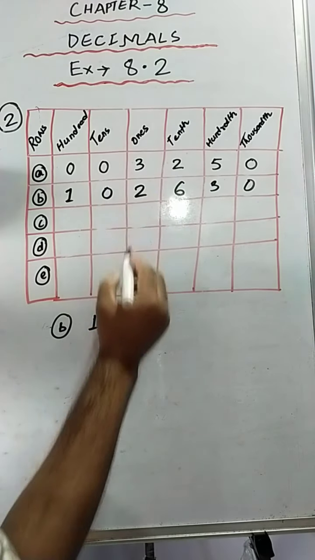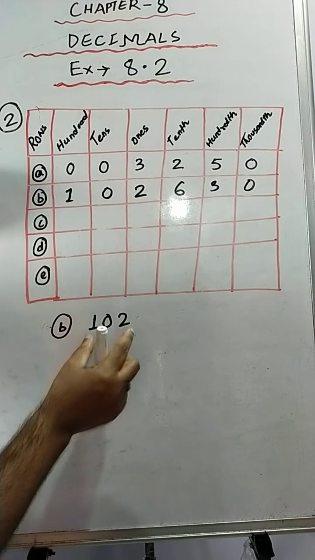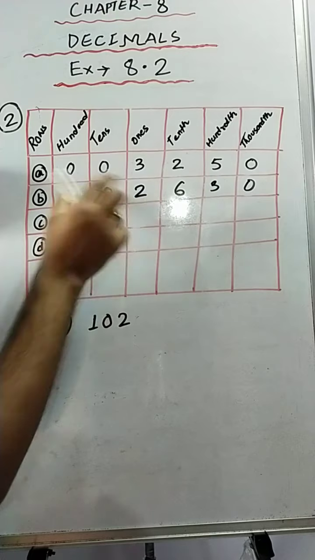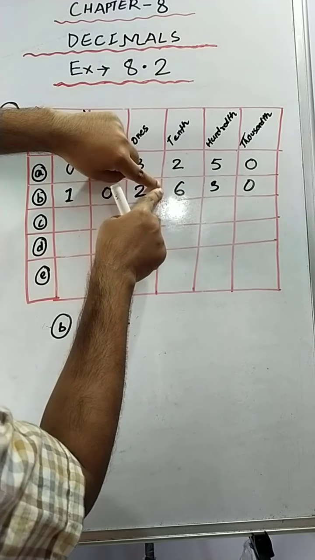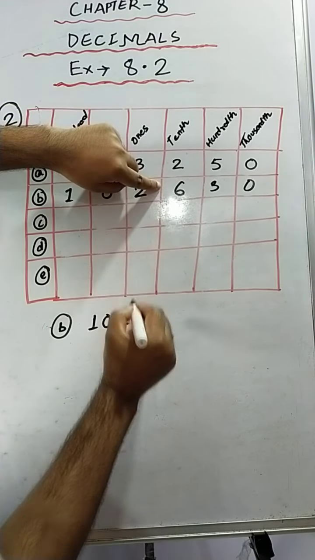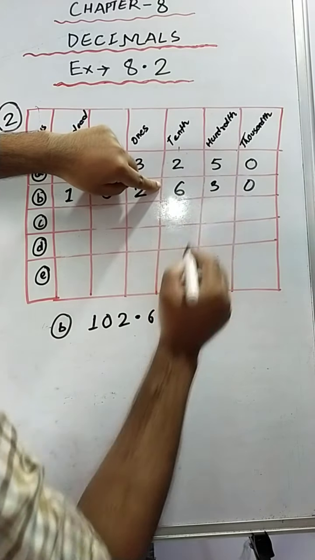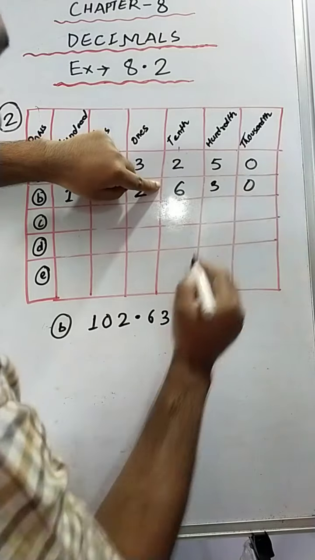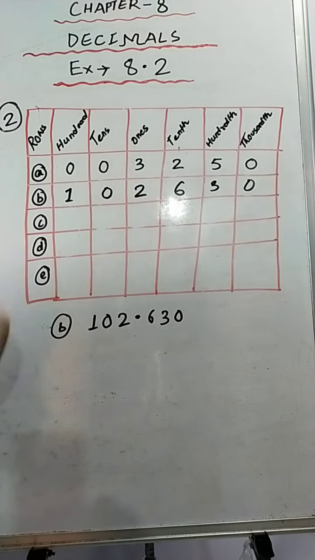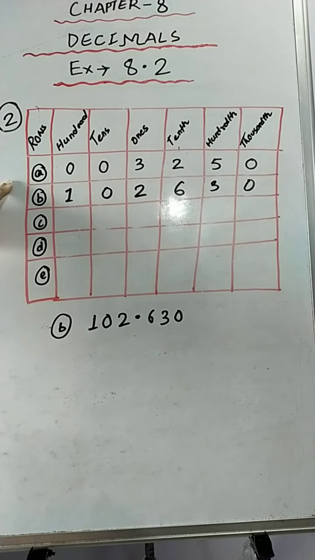How many ones do we have? 2. So this is 102. Now what did I say? From here the decimal will start, so we put a point. How many tenths are there? 6. How many hundredths are there? 3. And how many thousandths are there? 0. So this is the required decimal form of number B. I hope all of you are understanding.